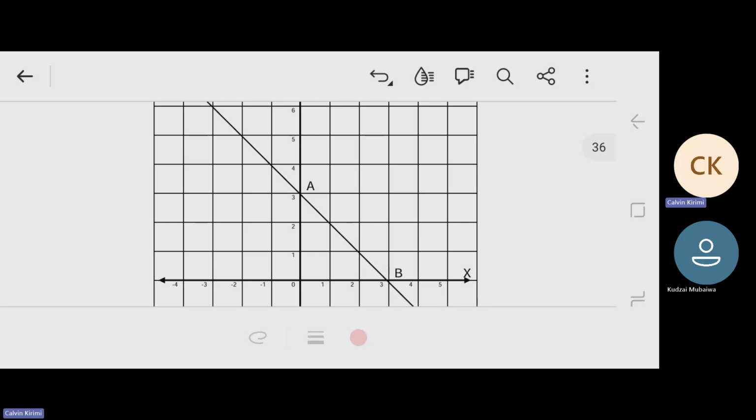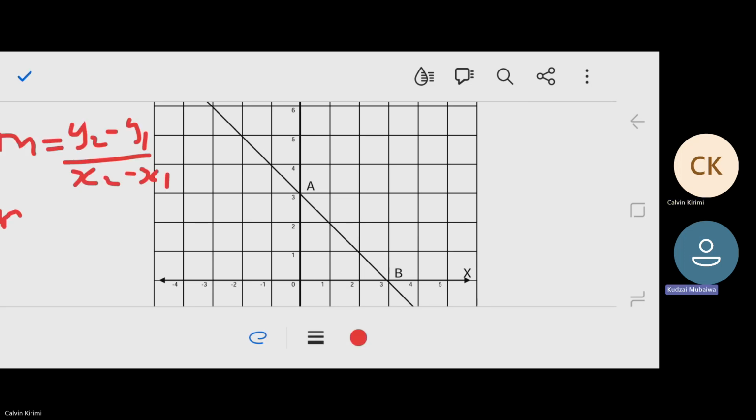So in our case, what is y2? Let's use B as y2. What is the value of y? Positive 3. Are you using B or A?